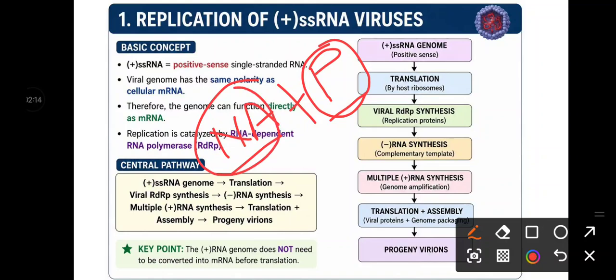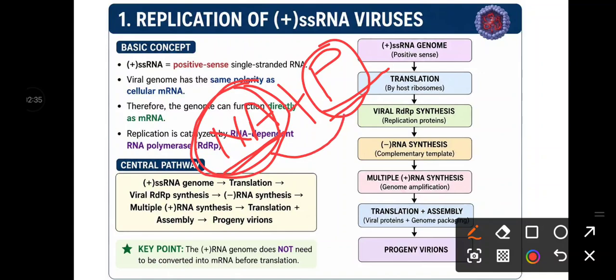These two things the virus needs to synthesize. So in this replication process, it will synthesize the coat protein and other associated proteins and also multiply its nucleic acid.